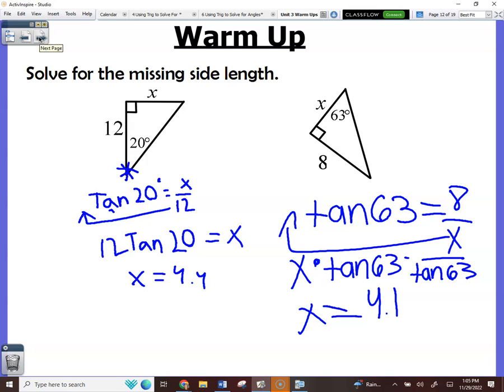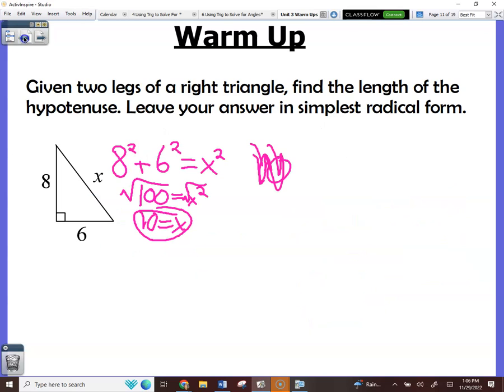Of course, this was tangent, but look at it. This was when we were using trig to solve for a missing side, right? If you have two sides of a right triangle, you can use what to find the third side? Pythagorean theorem. Remember this? Y'all with me? We're trying to tie it all together.